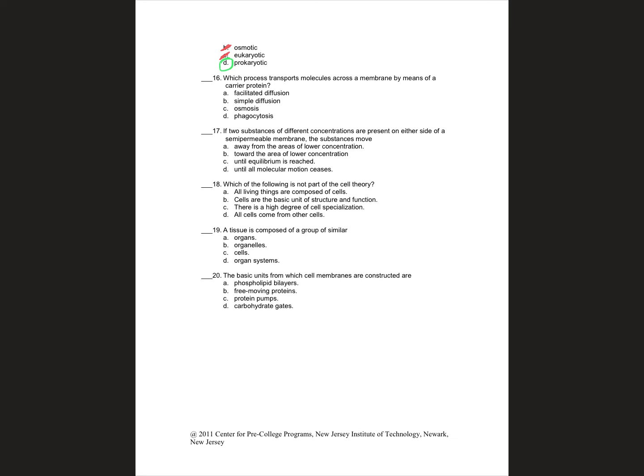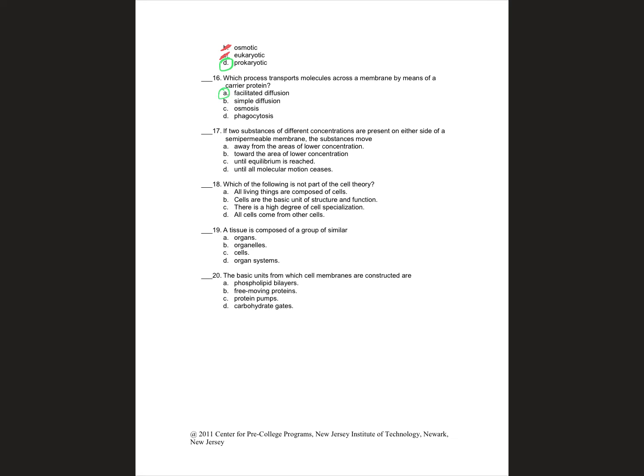Osmotic means the movement of water down its own concentration gradient, from water's high to water's low. Which process transports molecules across the membrane by means of a carrier protein? Covered in class deeply, in the practice questions, in the activities, etc. It'd have to be facilitated diffusion.